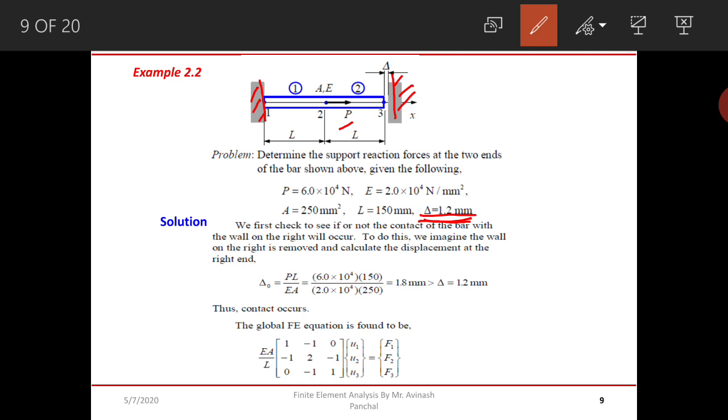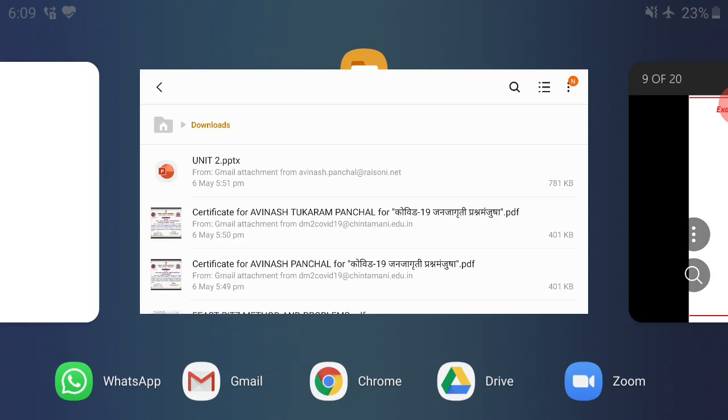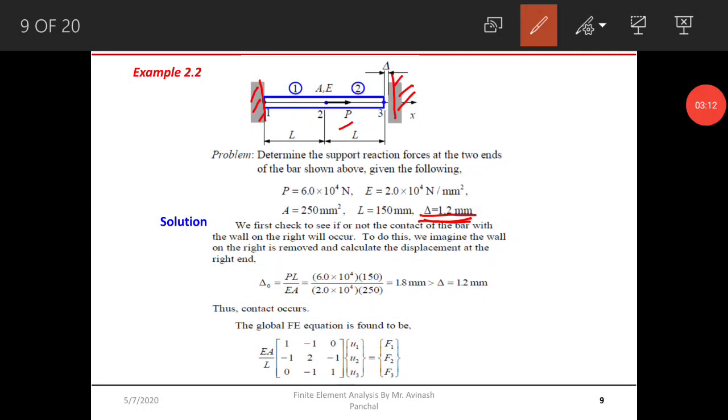Okay, so if the allowable displacement is less than this 1.2 mm, then there may not be any effect of these restrictions. So we will see the further solution of this problem.